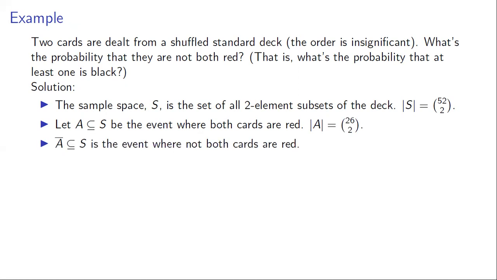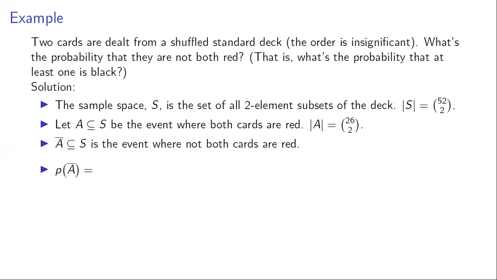Now, the complement of A is the event where not both cards are red. In other words, A is the event where both cards are red. The complement of A is everything else, meaning where not both cards are red. Maybe one card is red, but not both are red. And that's what we want to find. We want to find the probability of A complement.